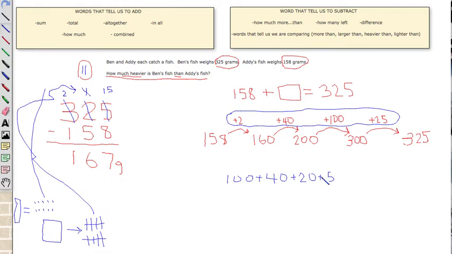Let me fix this plus sign here. And then I'm going to take my 2. So you have to make sure you get all of these jumps in this final part here. And I can use my mental math to add these all together.